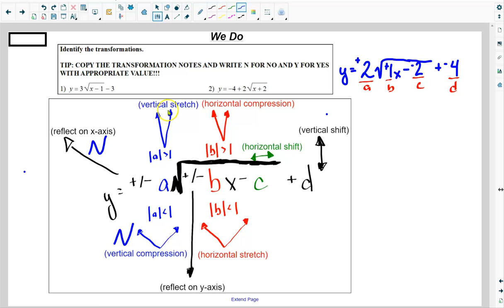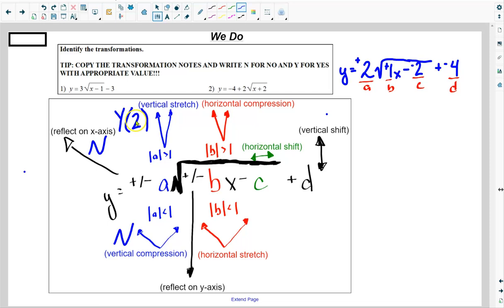Now for vertical stretch, it's going to be a yes, obviously. 2 is bigger than 1, so I'm going to put a yes. But when it is a yes, I'm going to ask you guys to tell me specifically why. In this case, it's because of the 2. The nos, you don't need to explain; the yeses, tell me why.